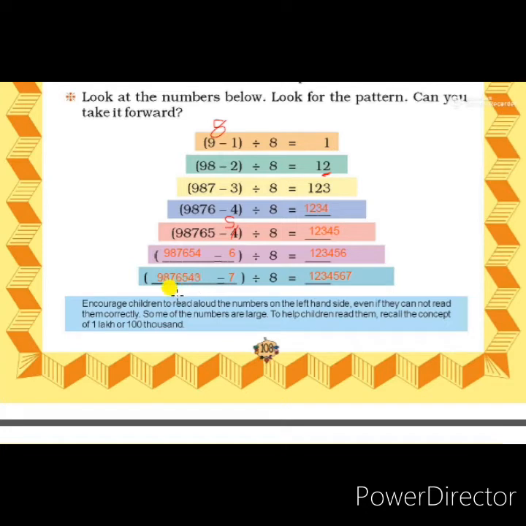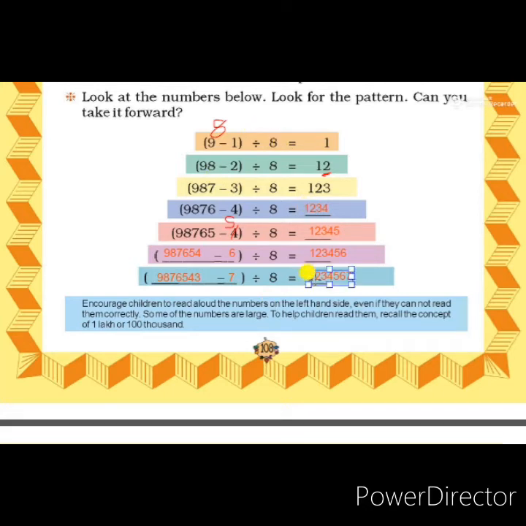That means the number is 98,76,543 minus the next number greater than 6, that is 7. Divided by 8, the answer is 1, 2, 3, 4, 5, 6, 7. That means 12,34,567. In this way, students, we can carry forward this pattern up to any number you require.